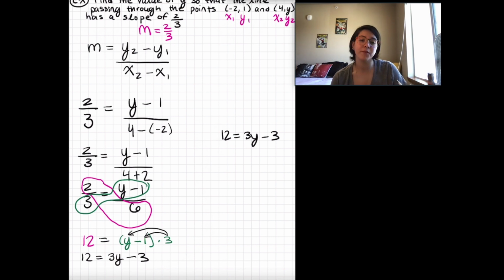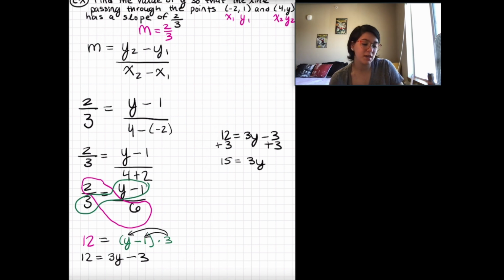Now we just have to solve for y using inverse operations that we learned from chapter 3. So we have 3y minus 3. Inverse operation tells us that we have to do the opposite of subtracting 3, which would be adding 3. So we have 12 plus 3 is 15. We still have 3y on the right.